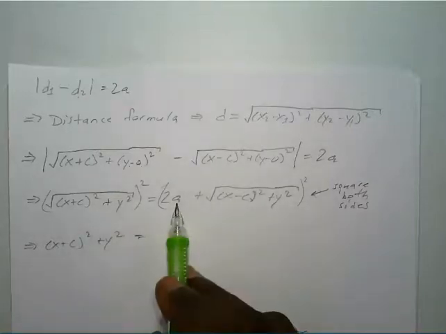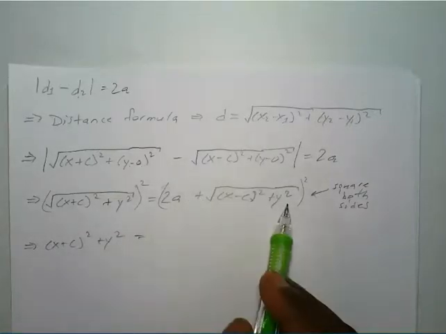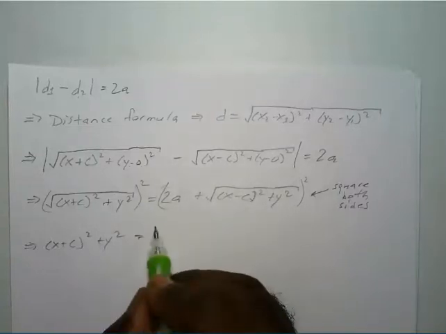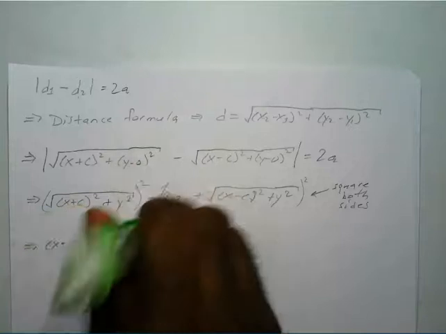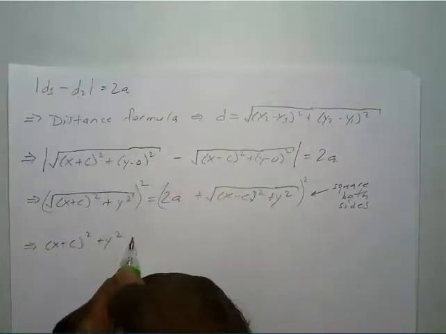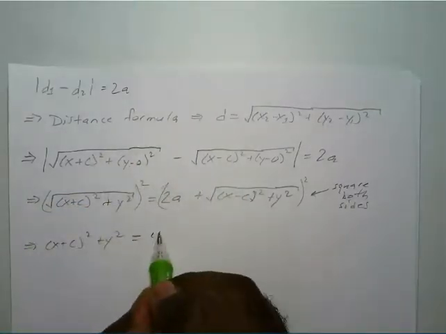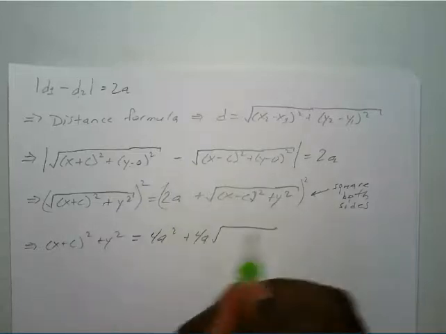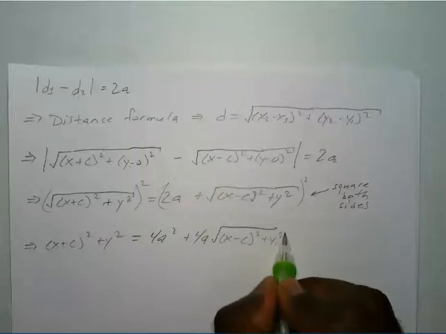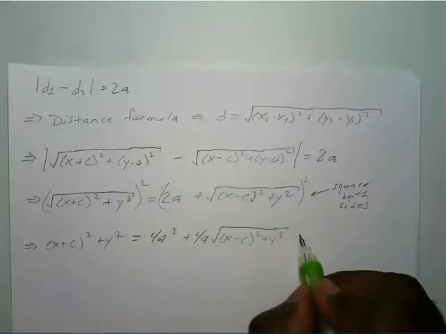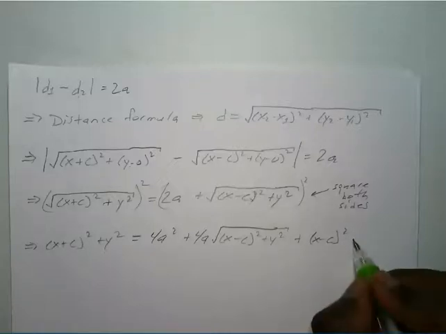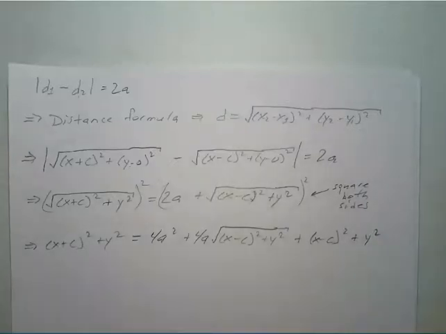It equals, if we take 2a plus this square root times 2a plus this square root and then do the FOIL method, we end up with 4a squared plus 4a times the square root of (x minus c) squared plus y squared, plus (x minus c) squared plus y squared.